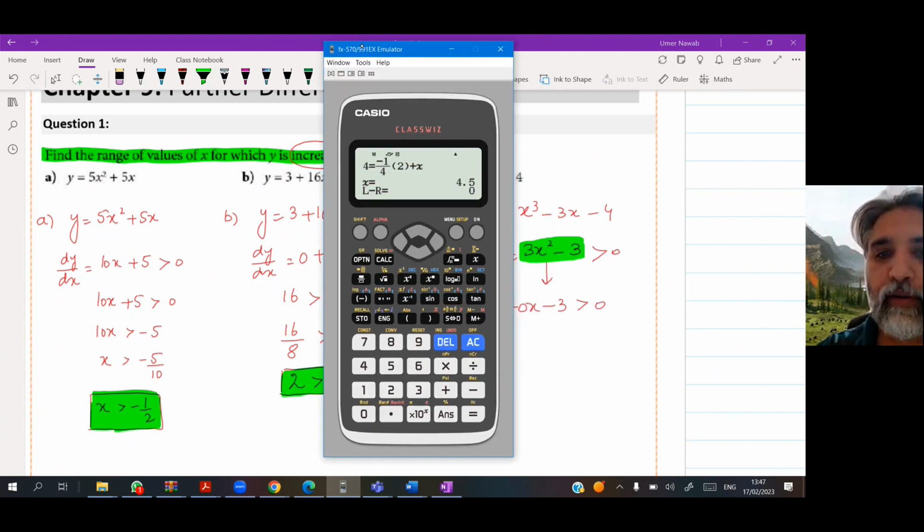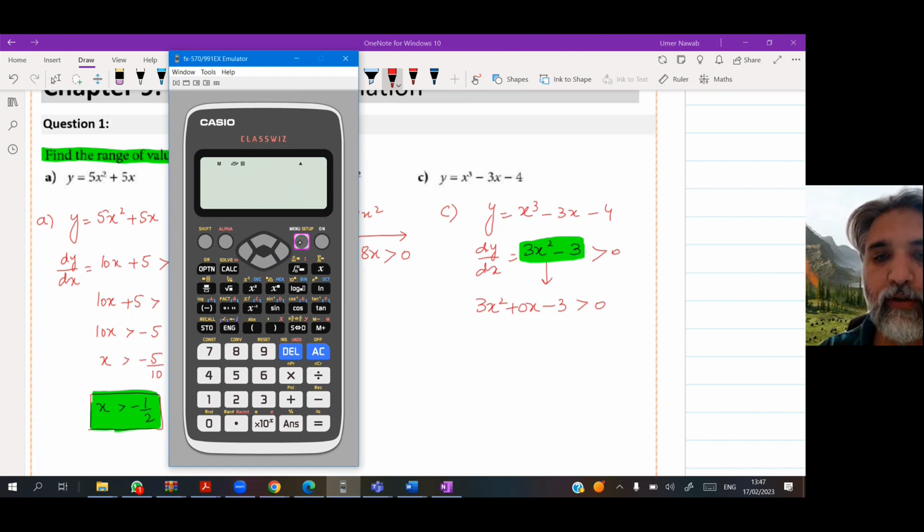In your calculator, there is a feature which helps you to solve quadratic inequalities. Or you already know it. These are the two values at which we are going to get the situation. In a moment, I will show you. Look, the first one is going to give you greater than 0. So enter 3, enter 0, enter negative 3.